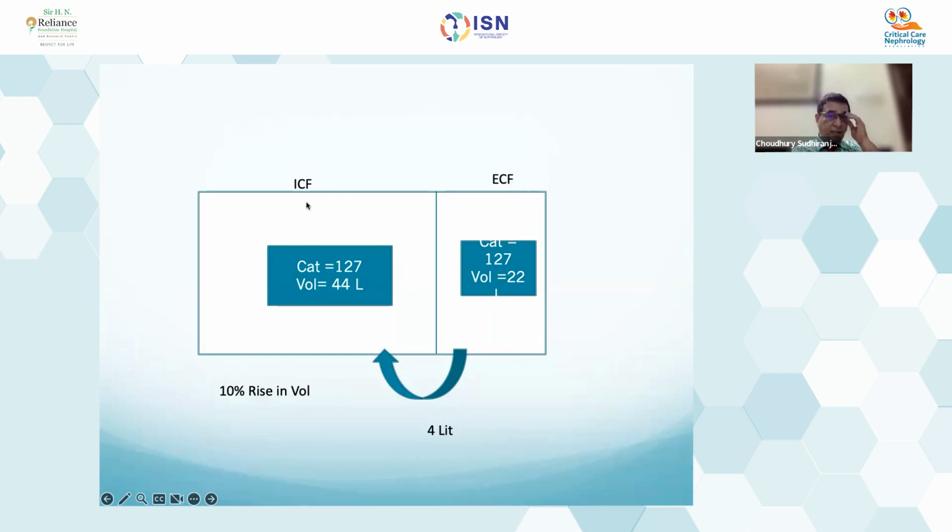Now, why is this very important for us? If it is an acute scenario, then the brain, which is inside the skull, doesn't have the time to expand. So what will happen? There will be intracranial hypertension, or ICT will rise.